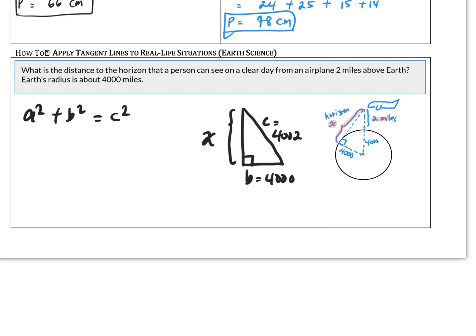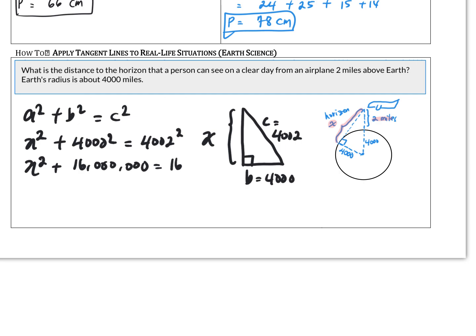then we can say that our a here is x squared plus our b, which is 4,000 squared, is equal to 4,002 squared. Now this is a very big number. 4,000 squared is going to give you 16 million. And 4,002 squared is even bigger.